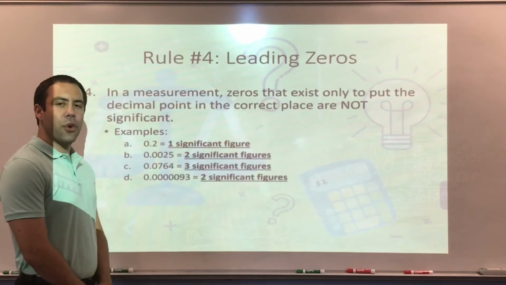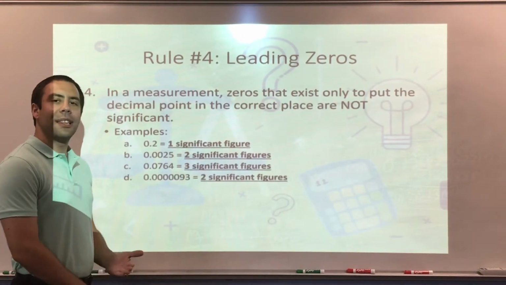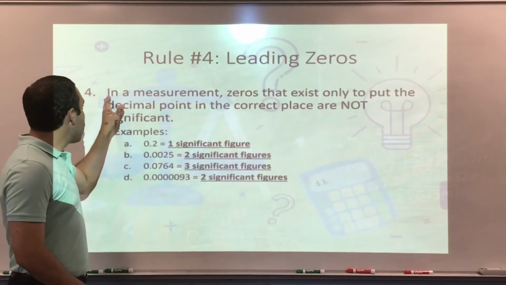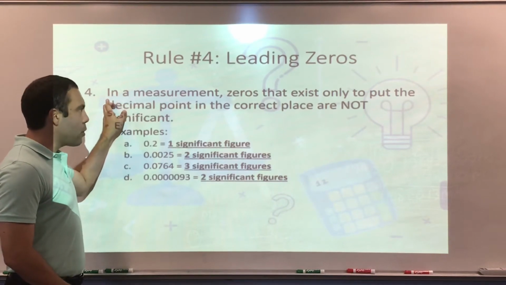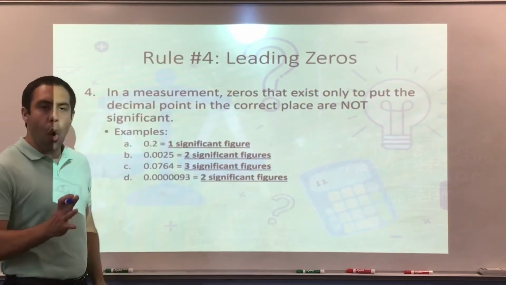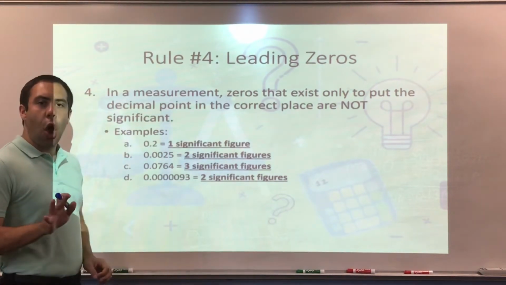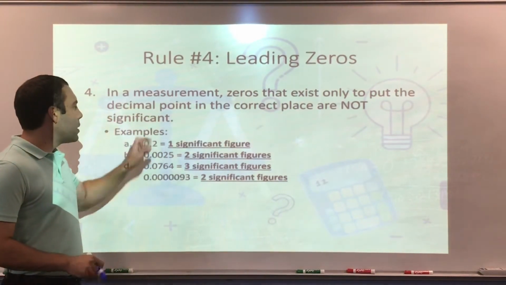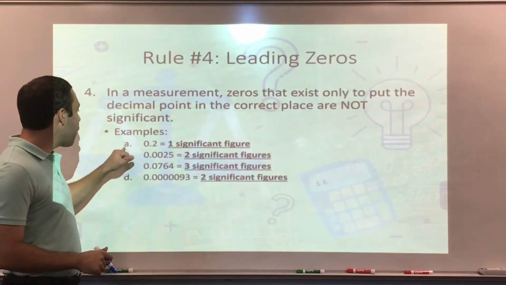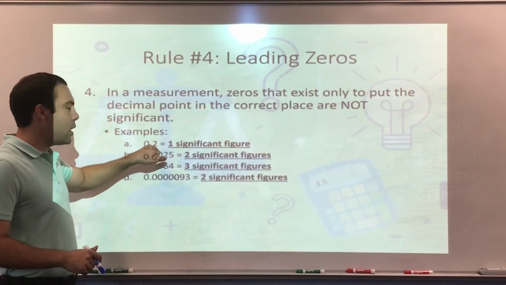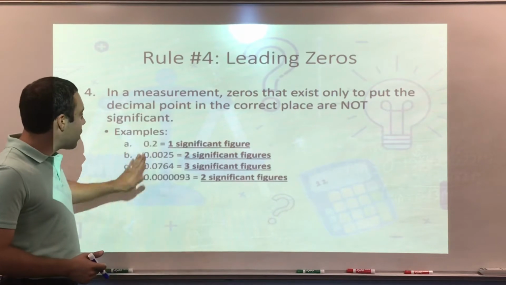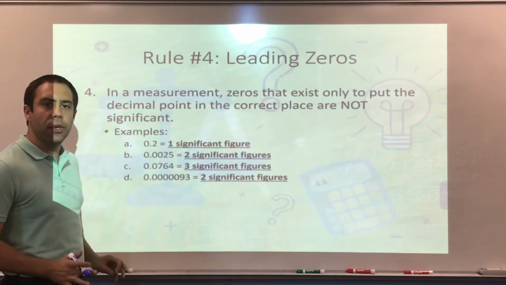Rule number 4 shows us how we should handle leading zeros. Rule number 4 states, in a measurement, zeros that exist only to put the decimal point in the correct place are not considered significant. So, for example, 0.2, that 0 is just a placeholder 0.